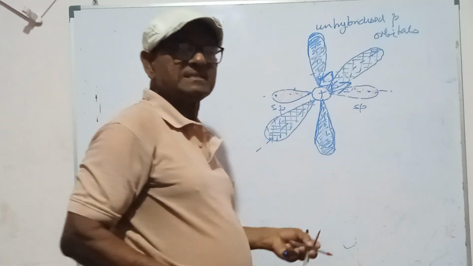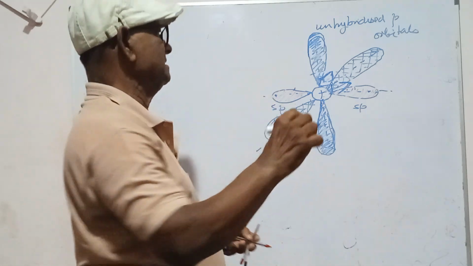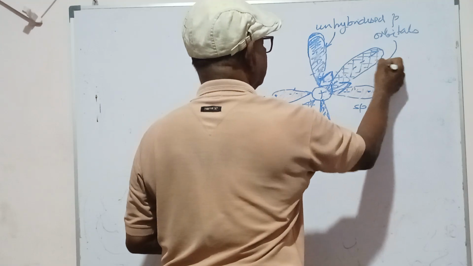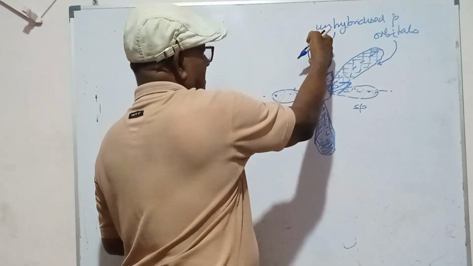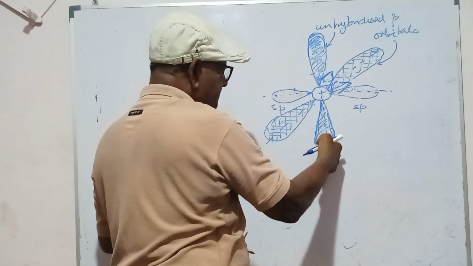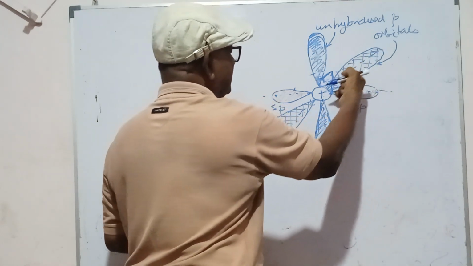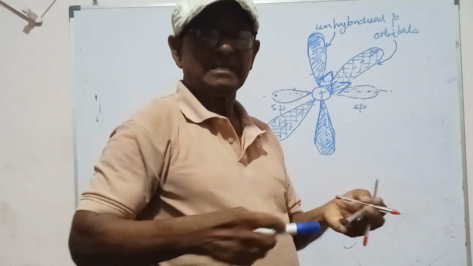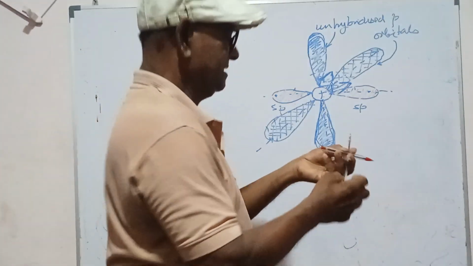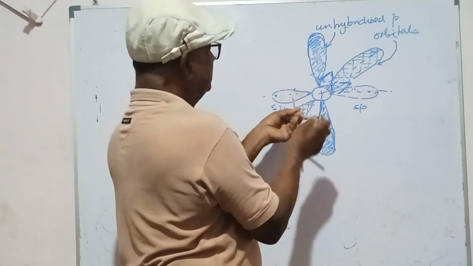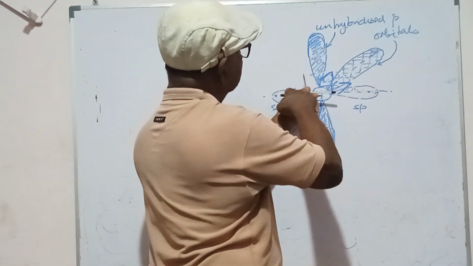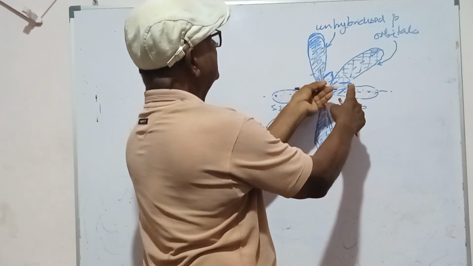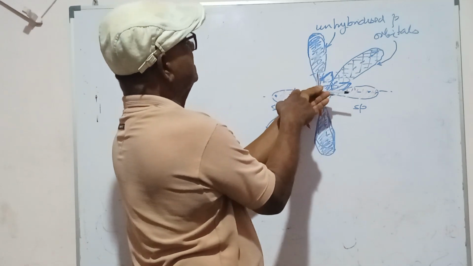How many unhybridized p orbitals? Two p orbitals. This is one orbital, and the other one. These two have two lobes of the original dumbbell shape. Then I'll show you roughly the arrangement. So see here, these are the hybridized orbitals with 180 angle.